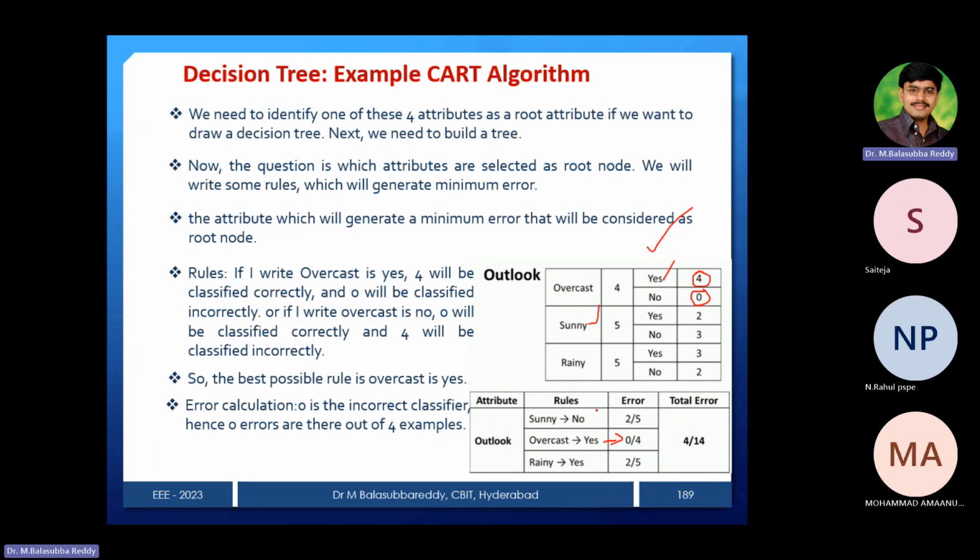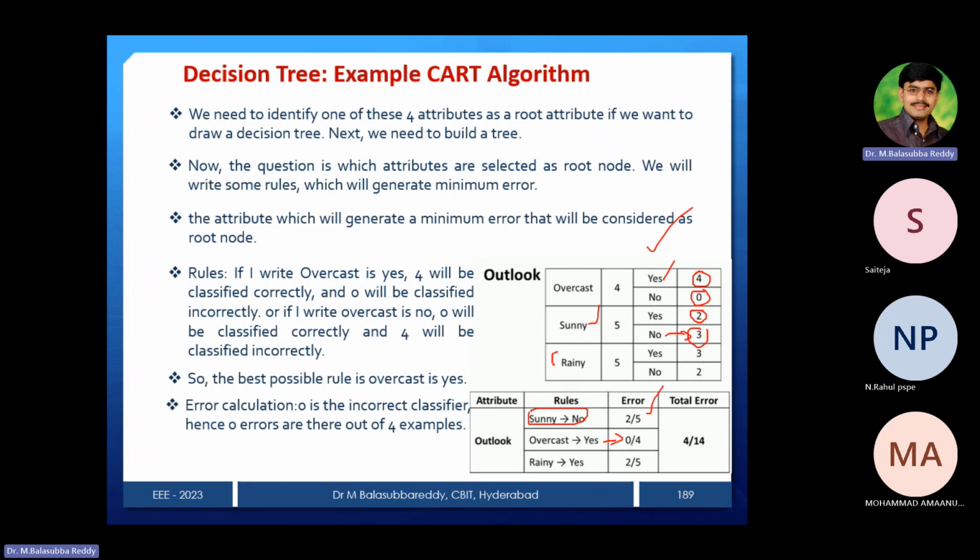If I take Sunny is yes, then incorrect is 3, total is 5, so 3 by 5. That is the reason I take Sunny is no as our rule. Then Sunny is no means 3 will be correct, 2 will be incorrect, so incorrect 2 by 5. I will write 2 by 5.